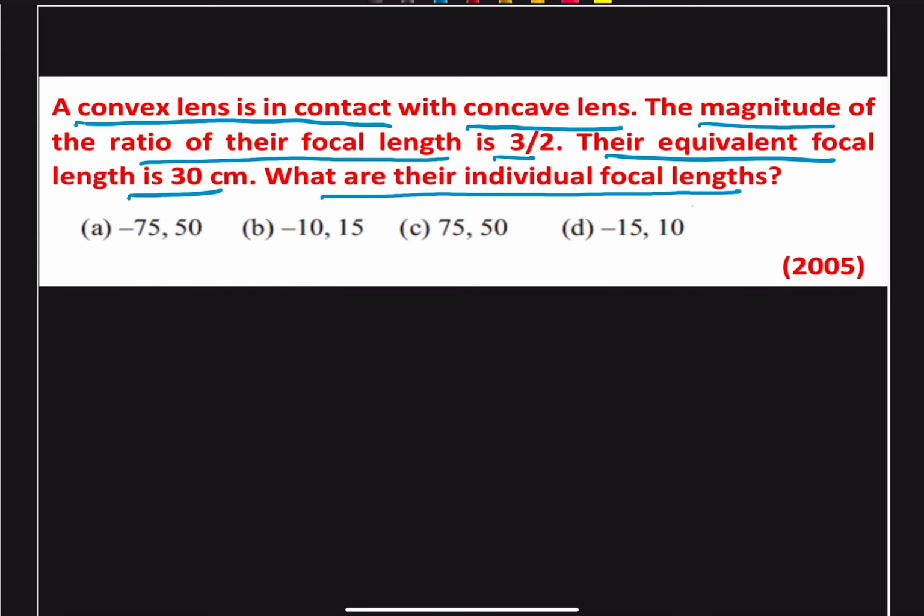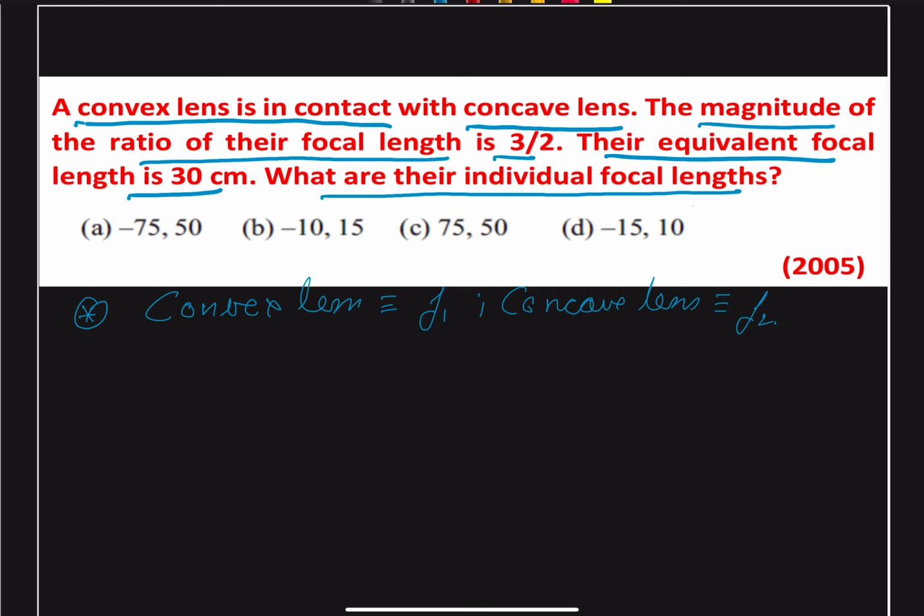So we assume that for convex lens, let us suppose that focal length is given as f1, and for concave lens, that is given as f2, and their respective ratio is given as 3/2. Okay.